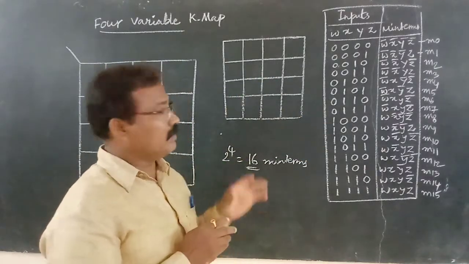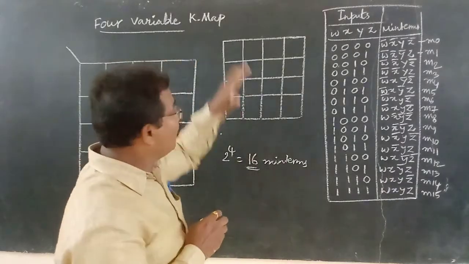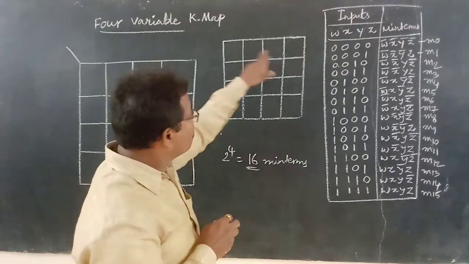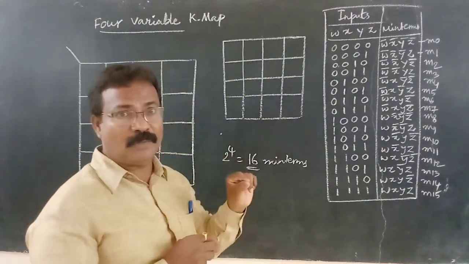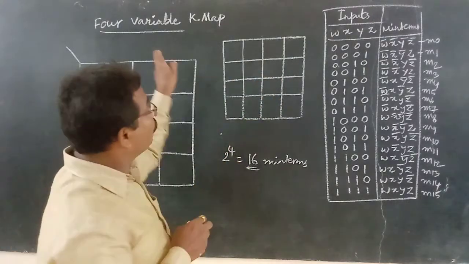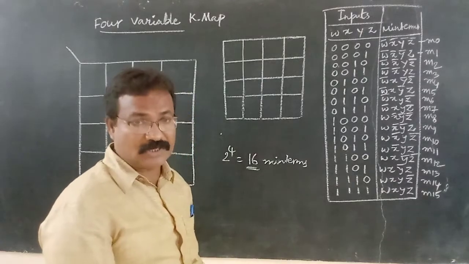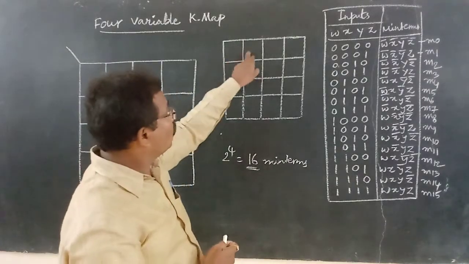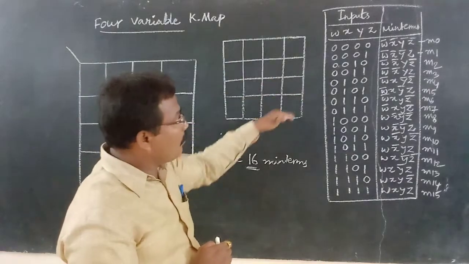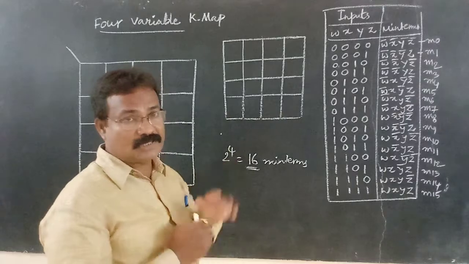So here, the arrangement of minterms in the four variable K-map consists of 16 squares. So 1, 2, 3, 4 and up to 16. This K-map is arranged in 16 squares.